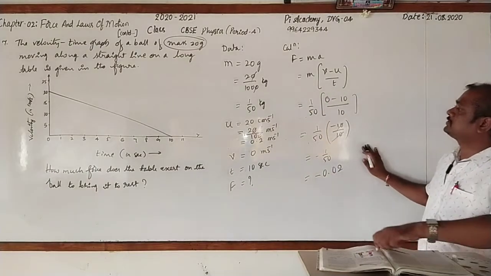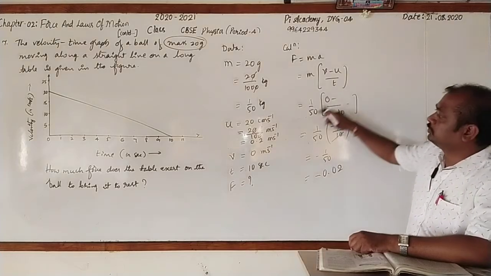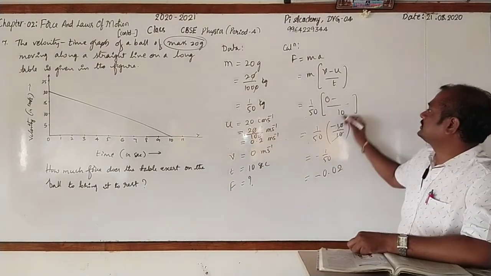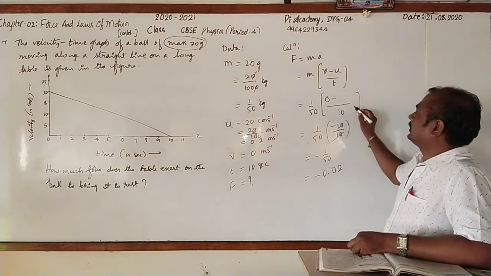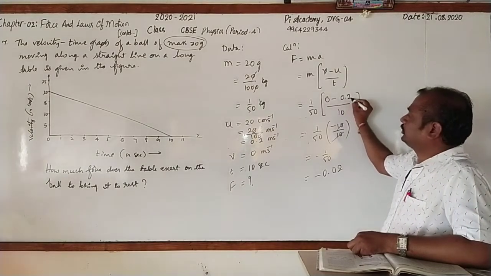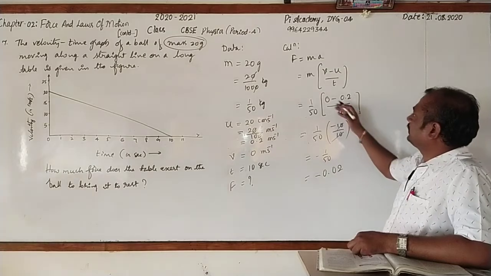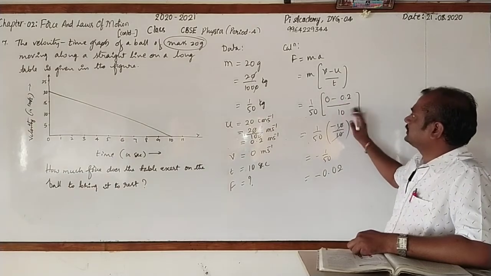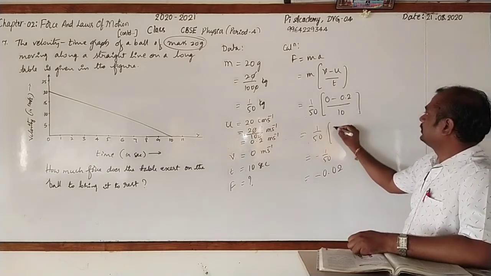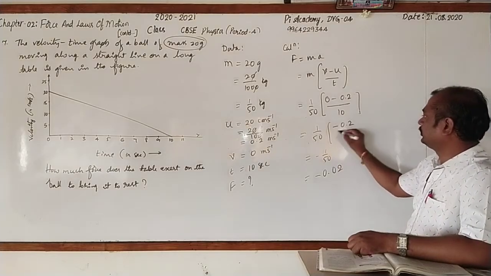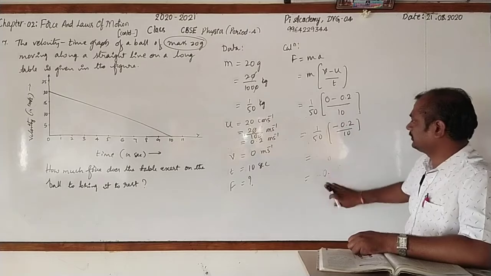Then it should be changed here. Here U is 0.2. Here I'll write 0.2. Then final velocity, obviously it is 0. Now this can be written as minus 0.2 divided by 10.